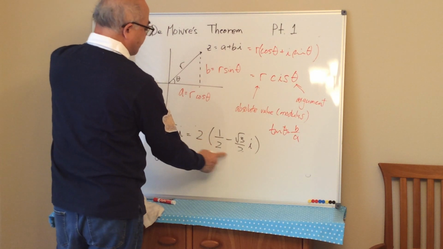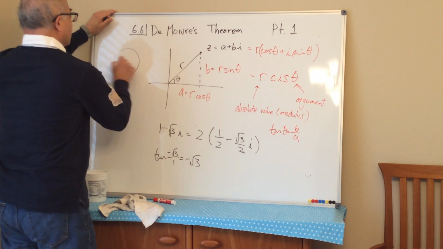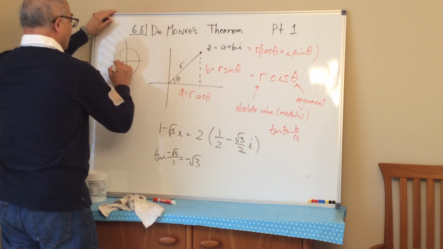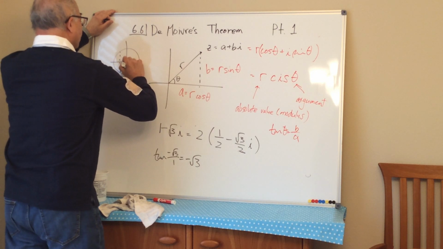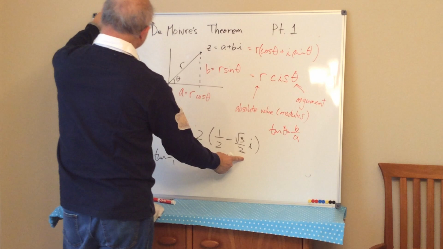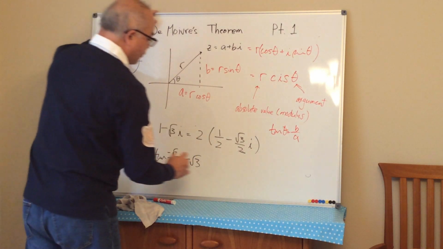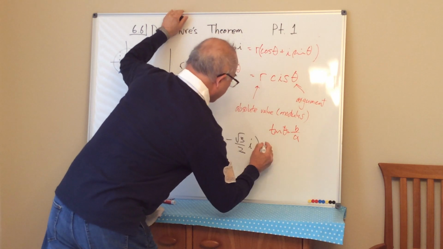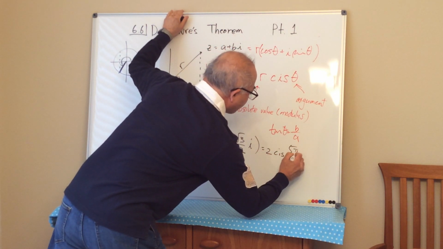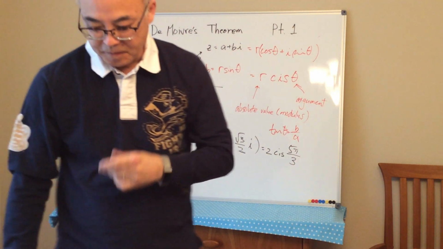Cosine is positive and sine is negative, which means we're in the third quadrant, where cosine is 1/2. So we go over here. That's going to be 5 pi over 3. So we get 2 CIS 5 pi over 3. That's going to be your answer.